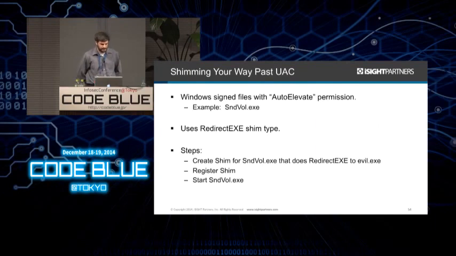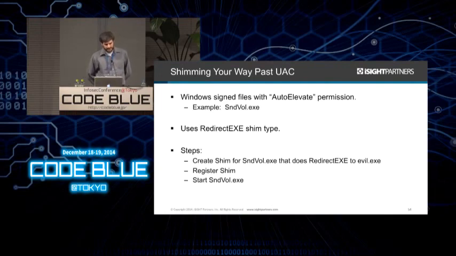So Chris noticed this and said, okay, well, if I use the redirect exe shim type, maybe I can redirect an elevated process and then have my own process be elevated. And that's exactly what happens. So you create a shim for sound volume that does a redirect exe to evil exe.